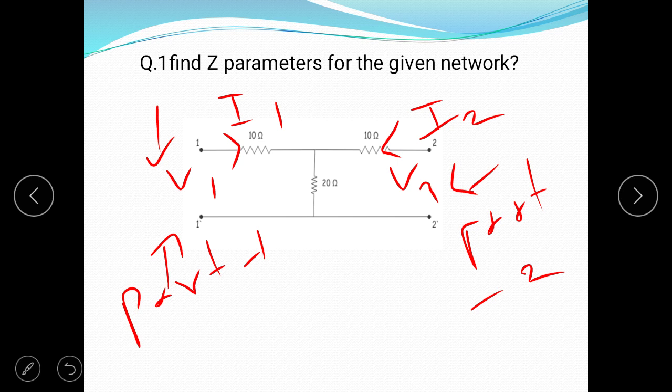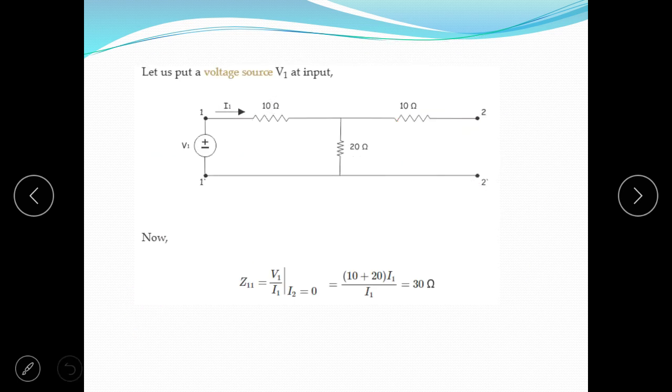So to obtain Z parameter, we write two equations, or KVL equations, at both the ports. So at port number 1 we write the KVL equation, or directly we can obtain the value of Z11, that is the ratio of V1 upon I1 when I2 is equal to 0.